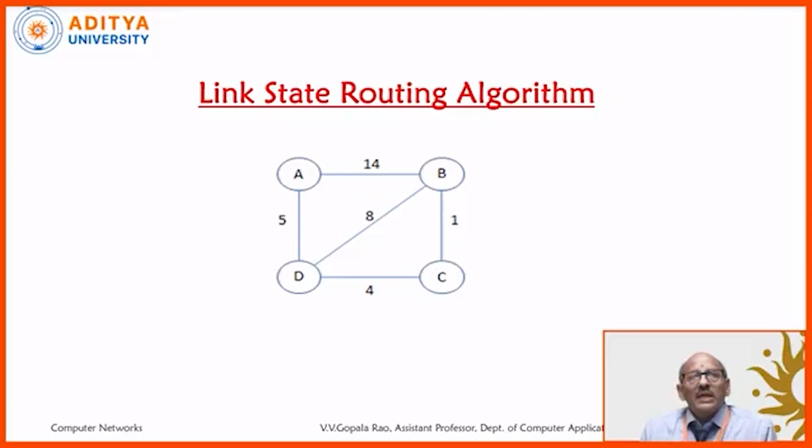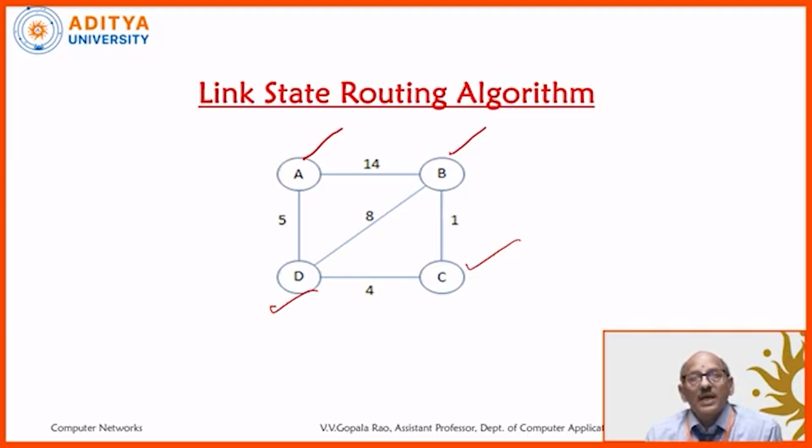So let us take a small example here. In this example the graph is shown in which A, B, C, D are the routers. Carefully follow the example here. A, B, C, D are the routers, and let us say between A and B there is an edge shown here.